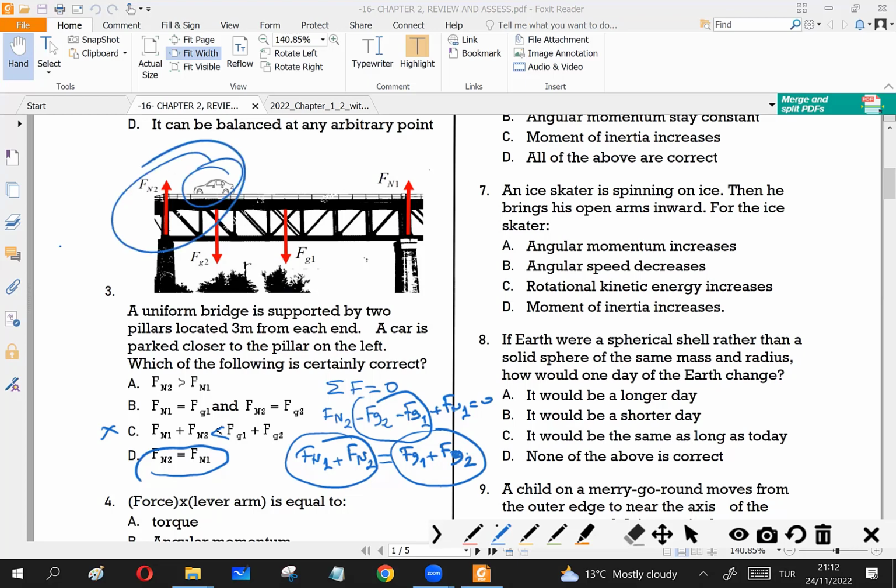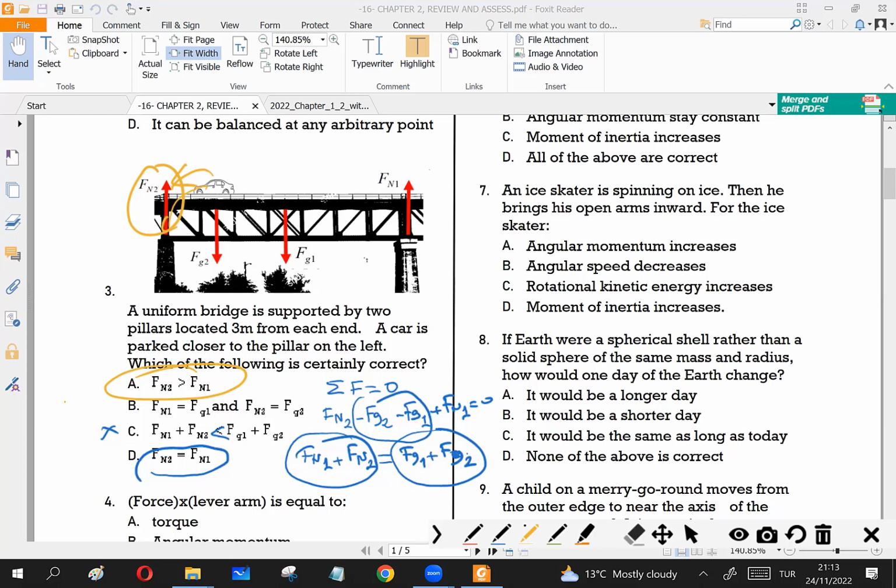heavier. This makes Fn1 greater than Fn2, because the car is closer to that pillar, so more force will be applied on the left pillar than the right pillar. The side the car is closer to, that pillar will give a reaction with a greater force to the bridge.